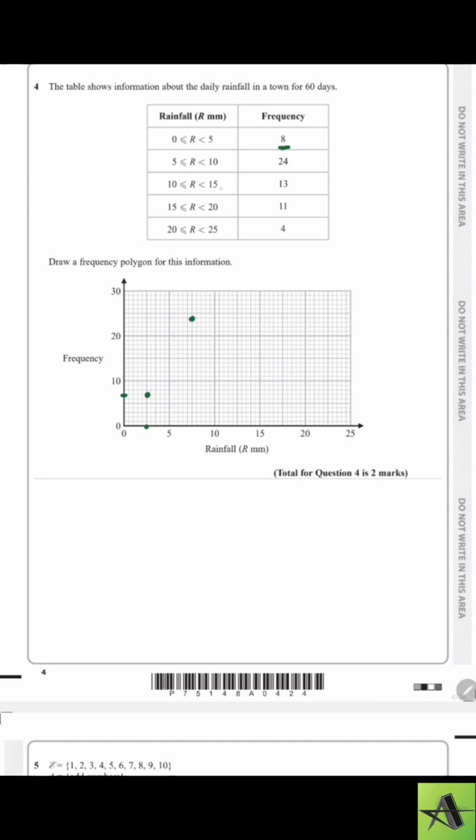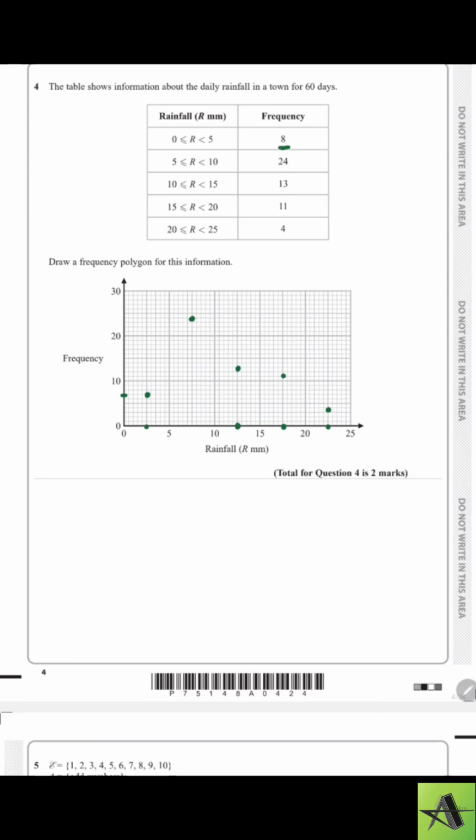Then 10 to 15, midpoint of 10 to 15 is here, and till 13. So midpoint and moving to 13 would be here. 15 to 20, midpoint is this, and till 11, which is here. 20 to 25, midpoint is here, and till 4 here.